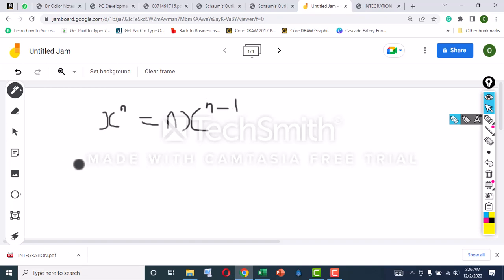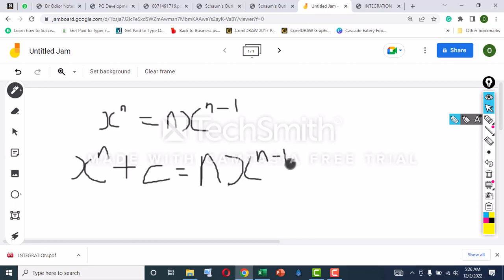That's differentiation. Or when you are given x raised to power n plus c, where c is a constant, you are going to have n x raised to power n minus 1 plus 0, which is still the same thing as the first one. Although it is a different question, it's still the same answer. So that is how we do differentiation.